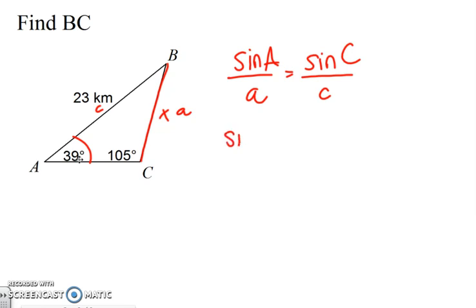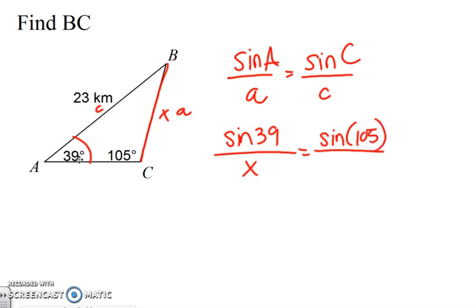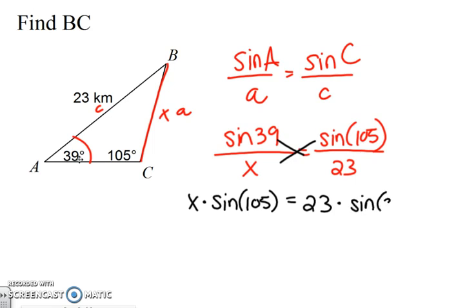So I'm going to say sine of 39 over x is going to equal sine of 105 over 23. First off, I'm going to cross multiply. And I would have x times the sine of 105 is going to equal 23 times the sine of 39.